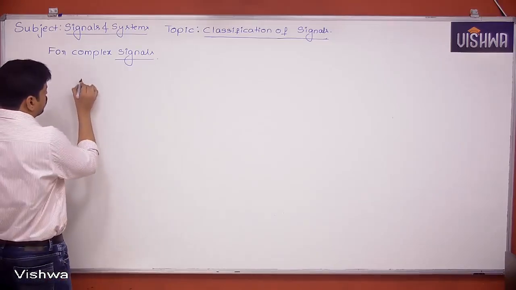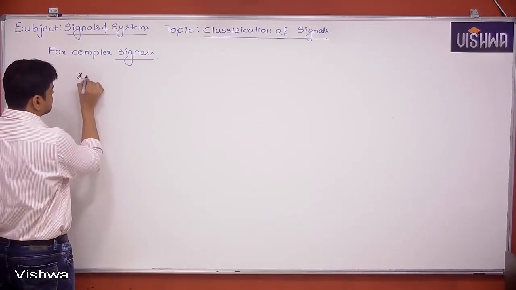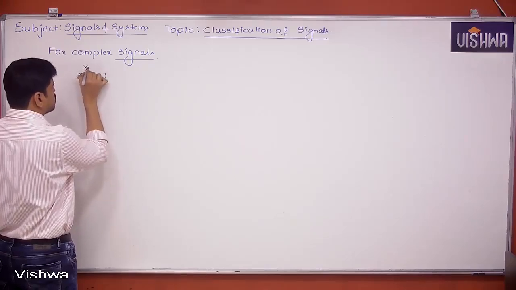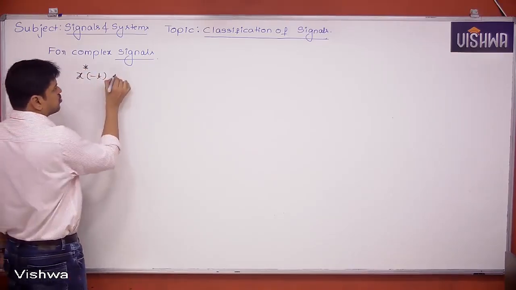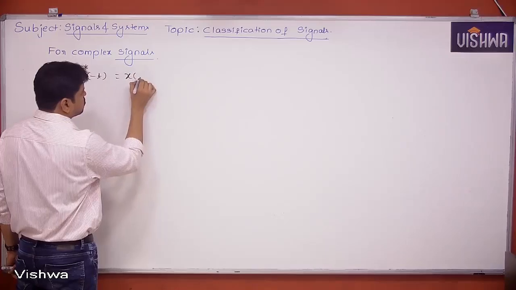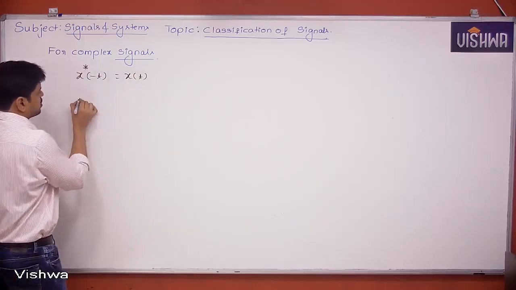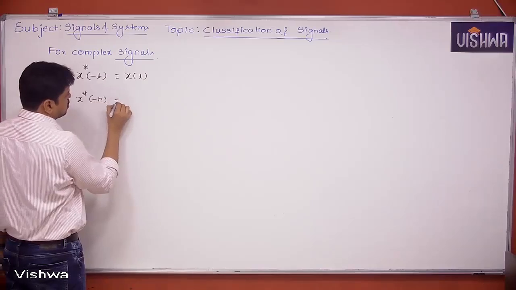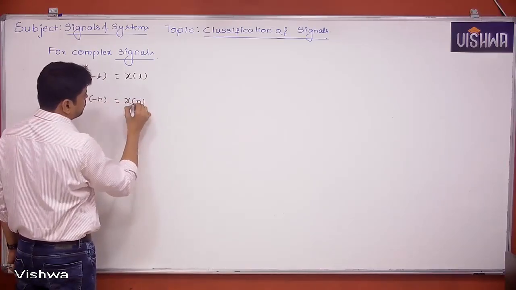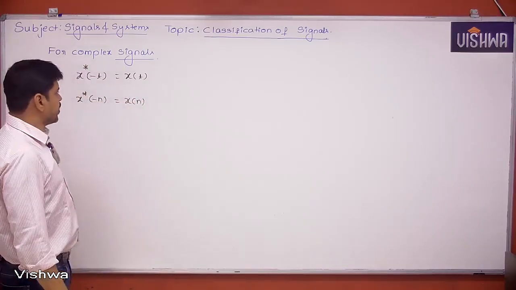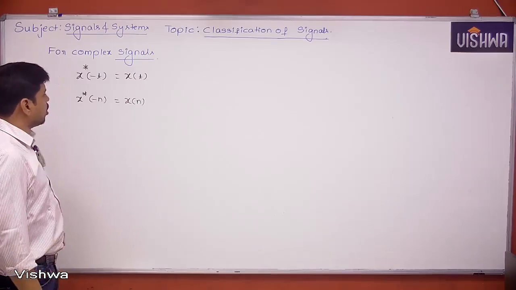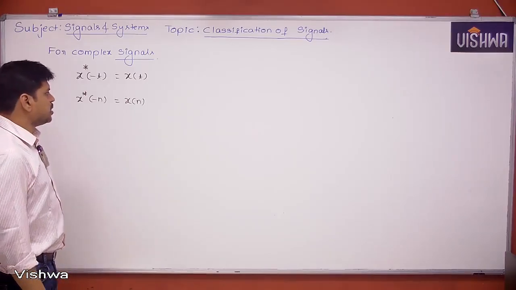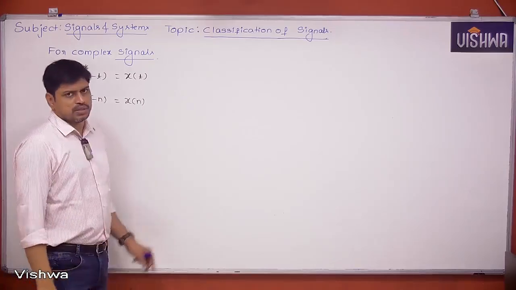suppose if you take a signal x of minus t along with conjugate also, if you get the same signal x of t, for a discrete time case also, x conjugate of minus n is equal to x of n. If this condition is satisfied, then we can call the complex signal a complex even signal, but that is not the word usually used.